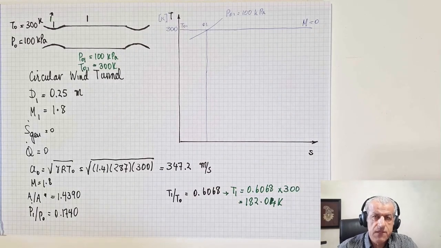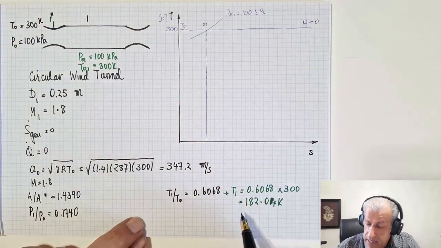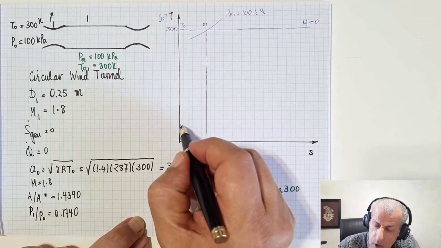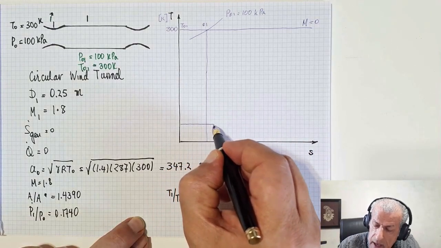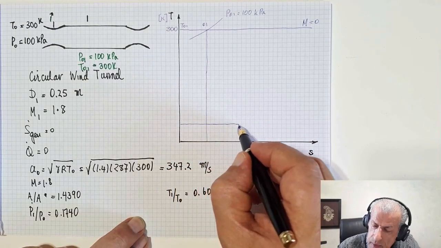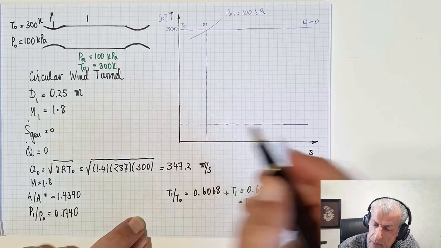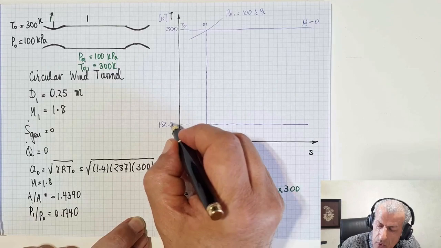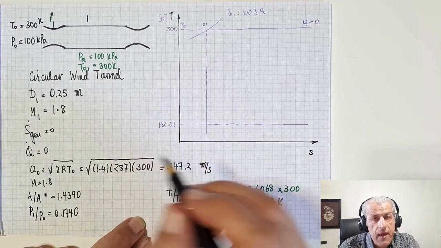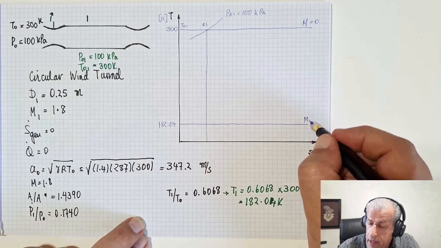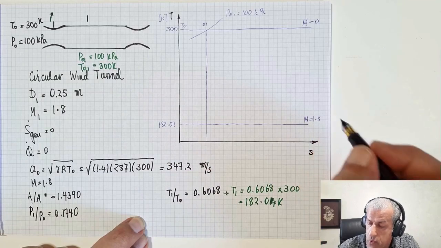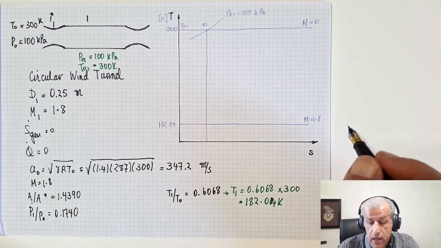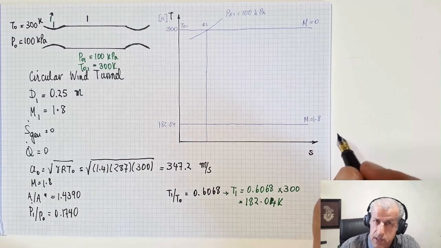Let's see what this means on our TS diagram. It means that there is a point at T1 equals 182.04, which would be, say, somewhere here. This is the constant temperature line where the temperature is 182.04. And here M equals 1.8 for isentropic flow. In fact, we haven't used much of the isentropic values.